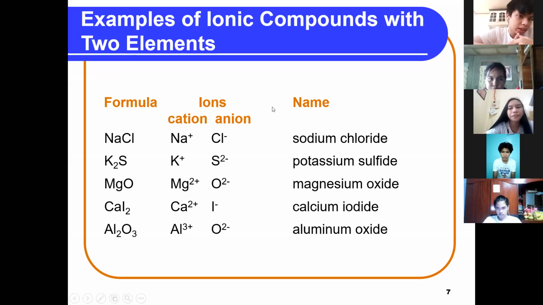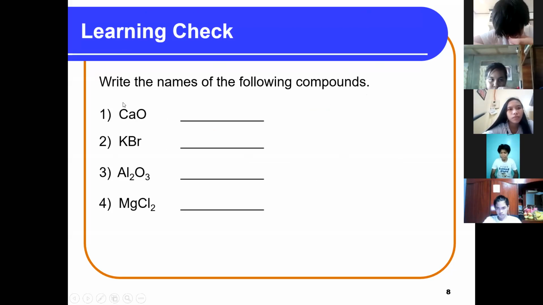Okay, let's go back to the example, so that Mary Jade will not be confused. Again, name the metal, and then after naming the metal, name the non-metal, ending it with -ide. Therefore, sodium and chlorine make sodium chloride, potassium and sulfur make potassium sulfide, and so on. Name number one in this example.